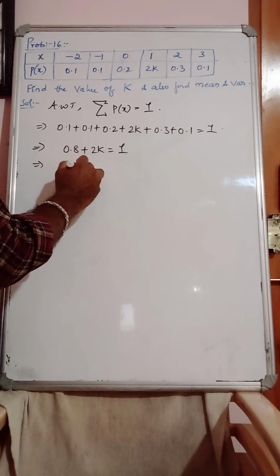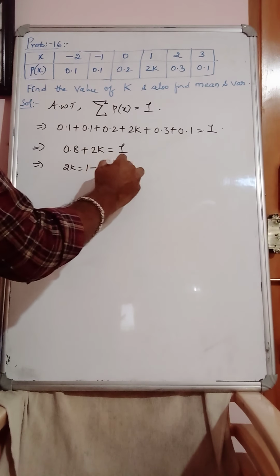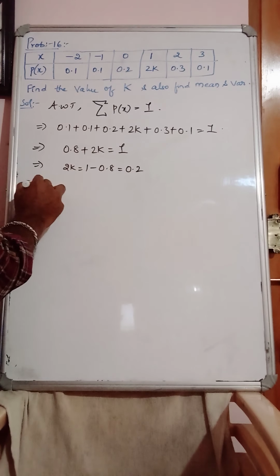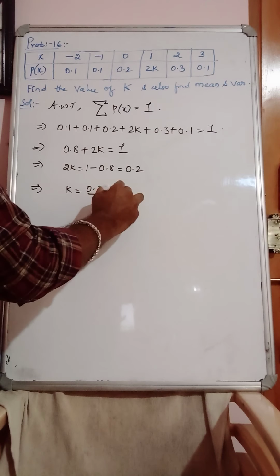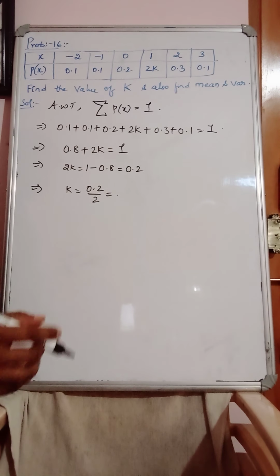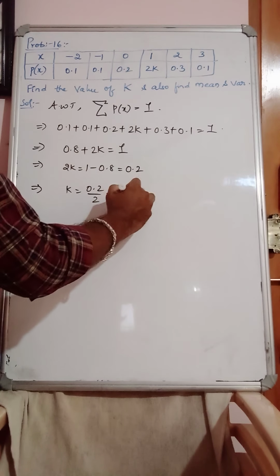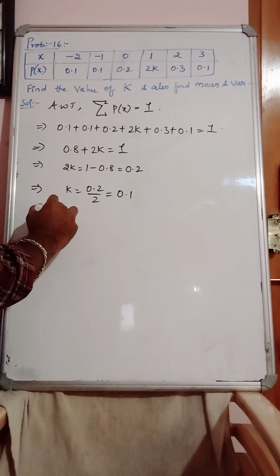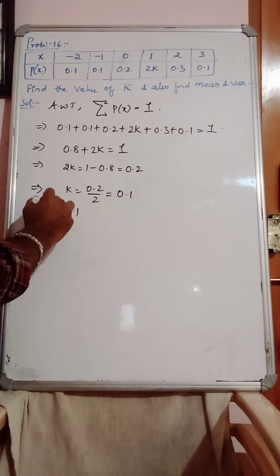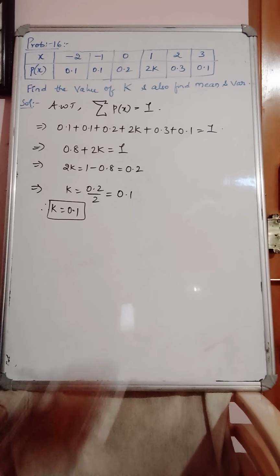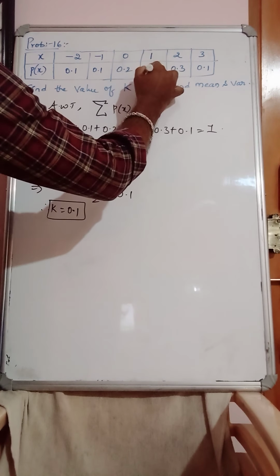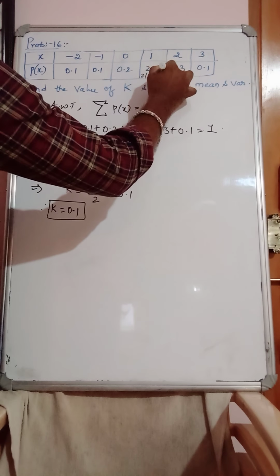Therefore, 2k equals 1 minus 0.8, which is 0.2. That is, k equals 0.2 by 2, which is 0.1. Therefore, the k value is 0.1. Substitute that k here: 2 into 0.1 is 0.2.